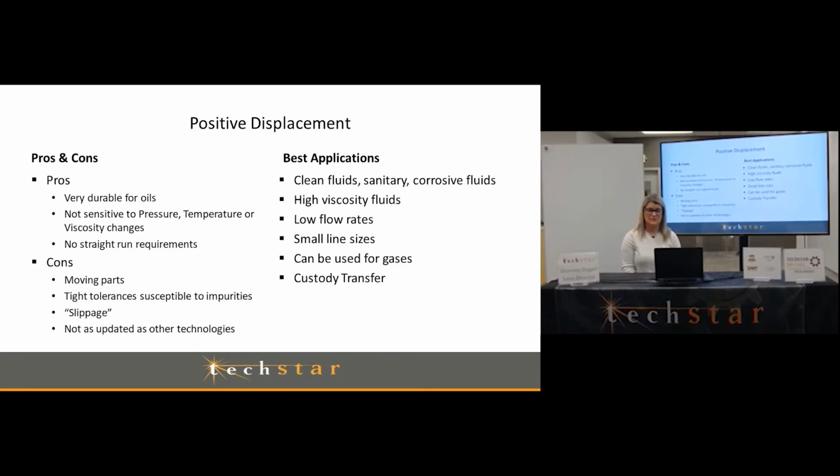So it makes it very convenient for metering in places that cannot find a way to put in the appropriate amount of straight run. It's really good for small line sizes as well, and you can use it for liquids or gases, but they do need to be fairly clean.